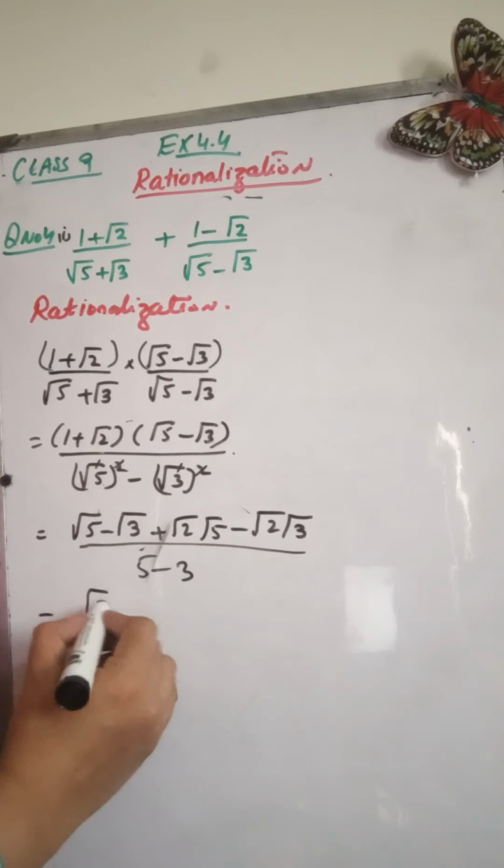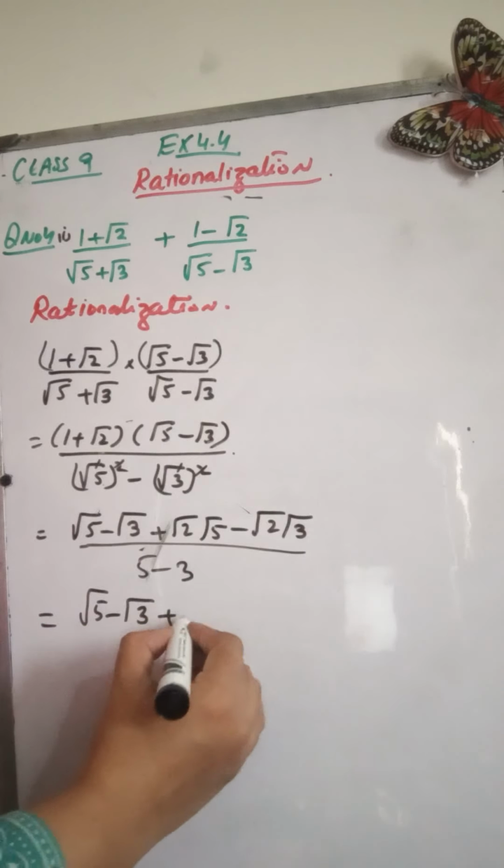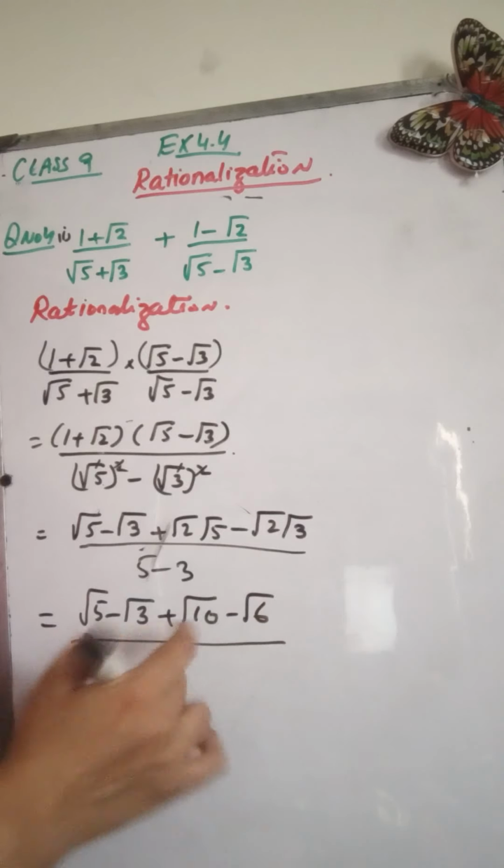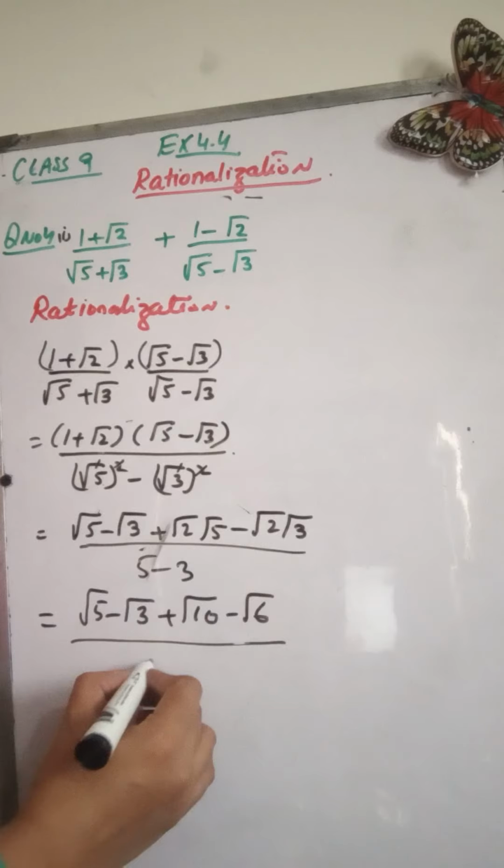Now under root 5 minus under root 3 plus under root 10 minus under root 6. This is what we got in the numerator, and the denominator will be equal to 2.